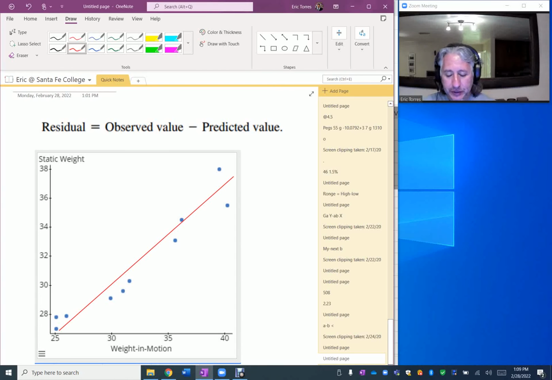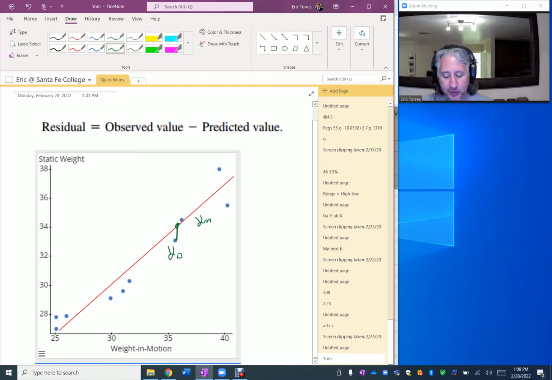And a residual is the distance from the line that I'm going to use to model the data to any given point. So this is a y from the model, and this is a y value from the data.